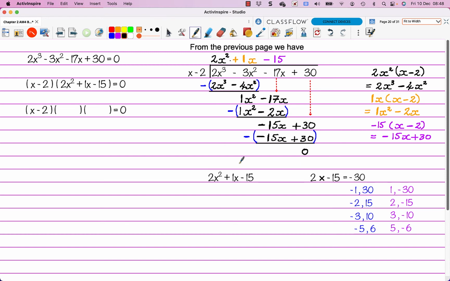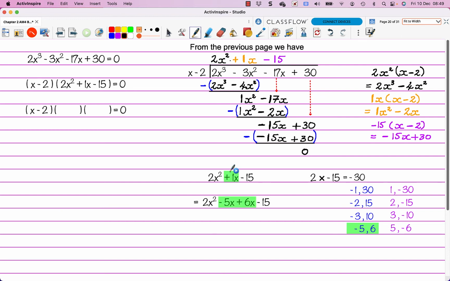Now we're looking for a factor pair which comes together to give you a plus 1. So we're looking at a factor pair that gives us a plus 1. Now the pair that gives us the plus 1 is the minus 5, 6. So what we need to do now is split this 1 plus x into the minus 5 and 6.